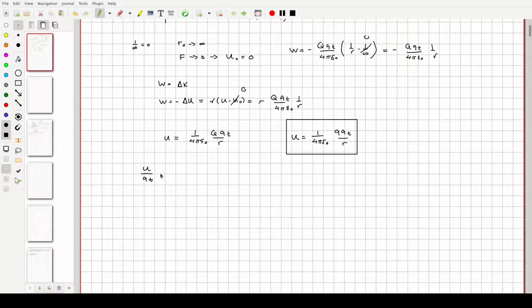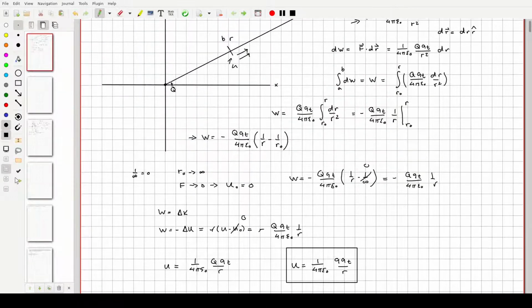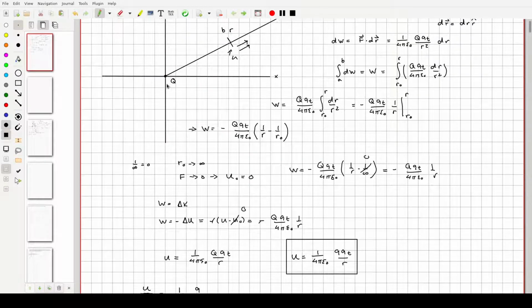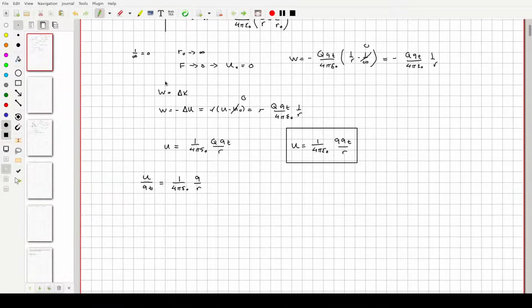When I do that, on the right hand side, I have 1 over 4 pi epsilon naught Q over R. Now this right here deals specifically with the charge at the center. Okay. Of whose properties would we be interested in checking? Potential energy divided by charge is called voltage.